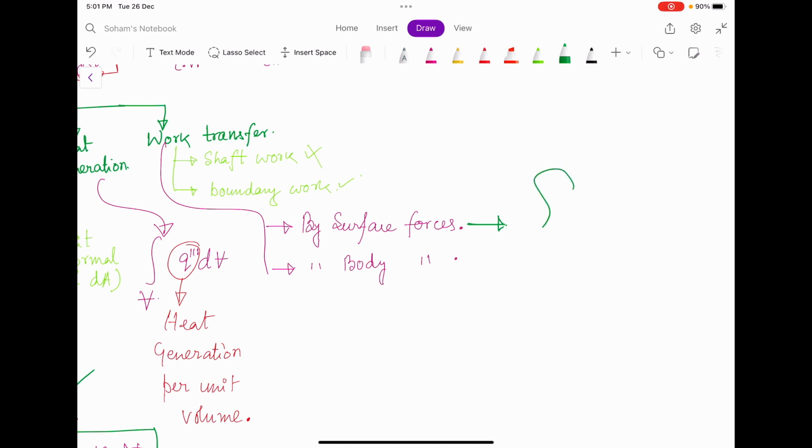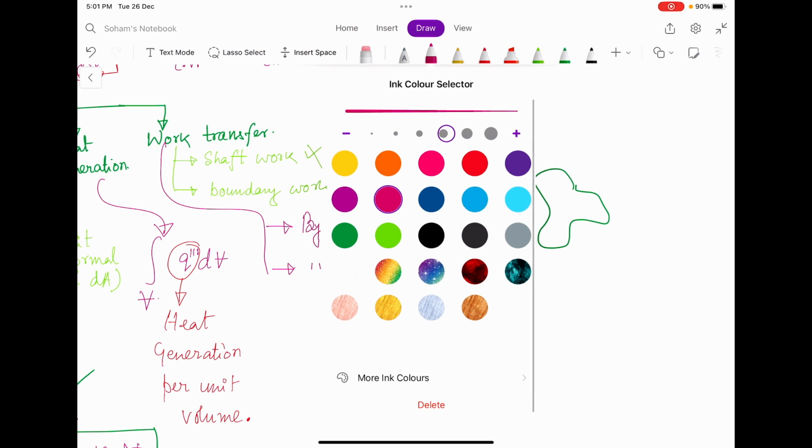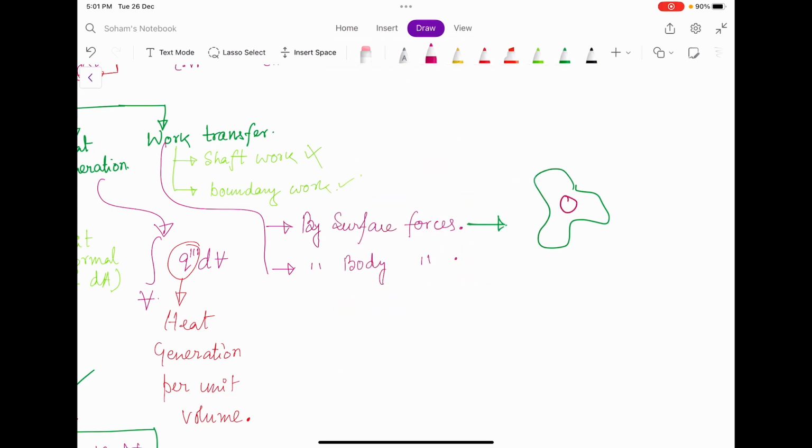Again, if I denote that this is a body, and this is again dA, having a unit normal in this direction. But the force on this dA, this infinitesimal surface, can act through any direction, right?